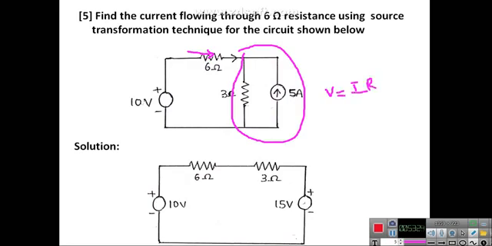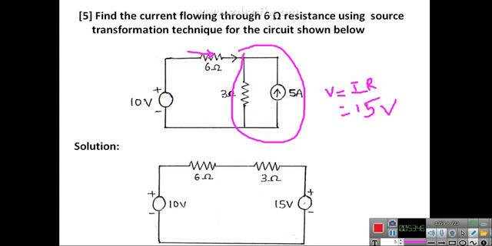So I is 5, R is 3, so the voltage is equal to 15 volts. The polarity is here plus and minus. So this is your voltage source value, and the same resistance, 3 ohm, will be connected in series with this voltage source, and this part of the network will be as it is.